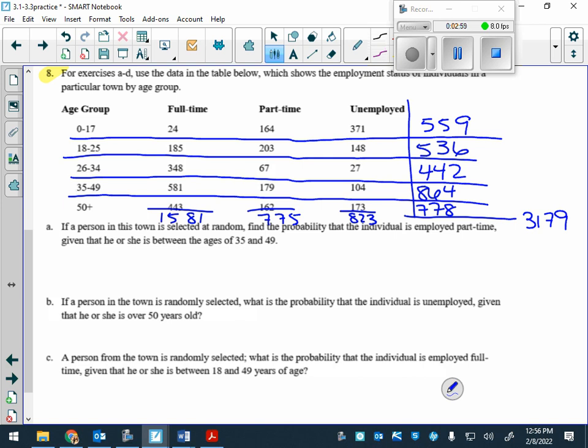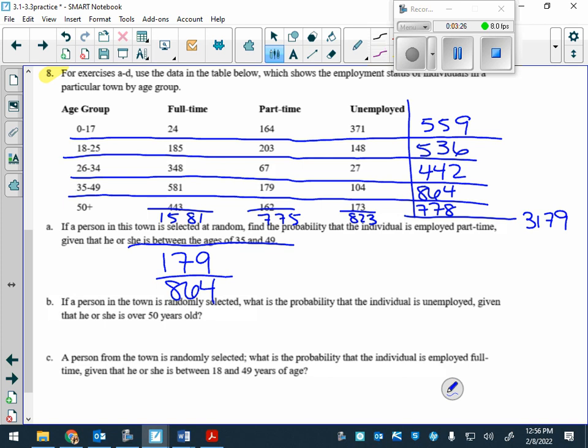Nolan? Excellent. Okay, 179 over 864. One thing to remember, whenever you see given, that's a key word. That is your denominator.